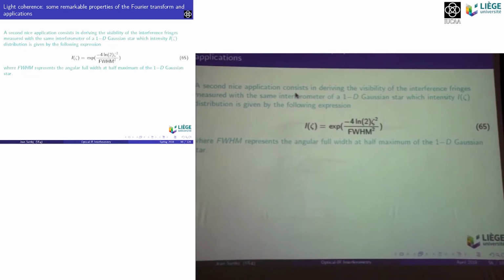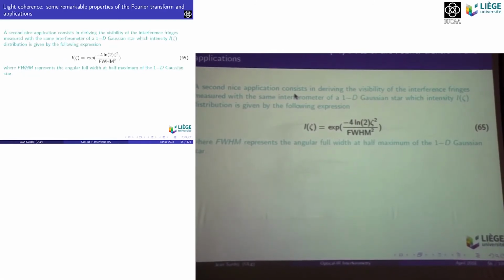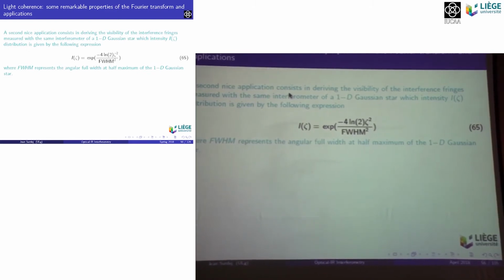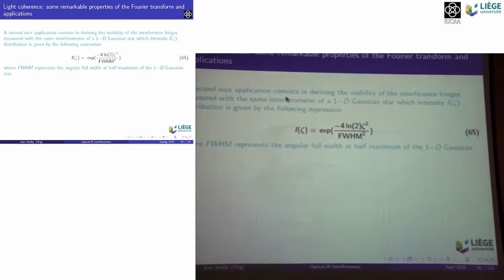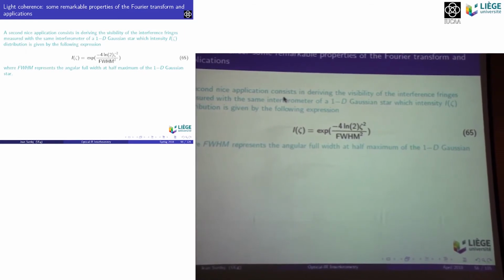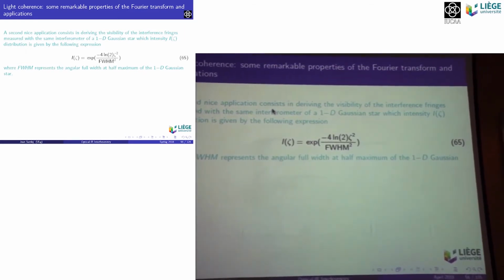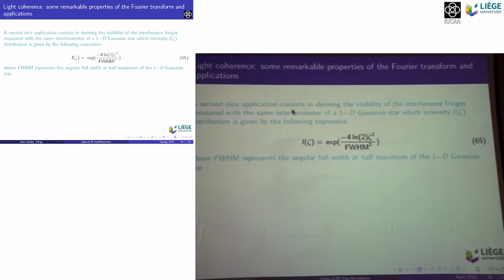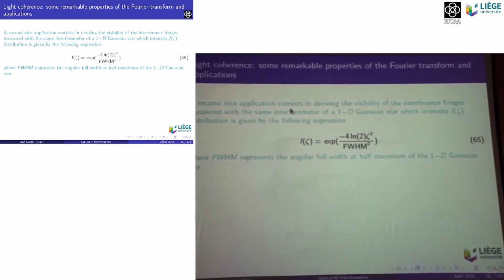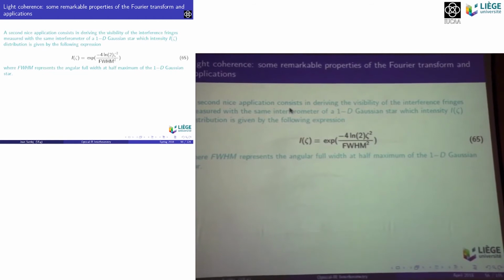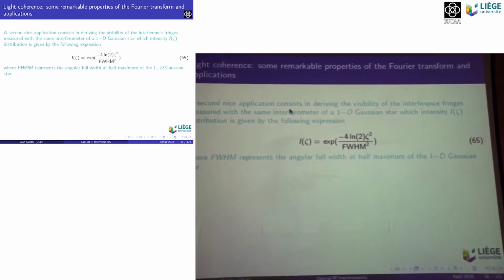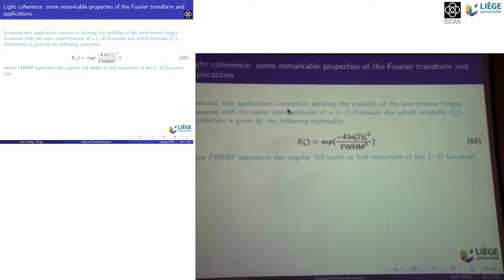Now, this is a second nice application: try to derive the visibility of the interference fringes measured with the same interferometer, but of a one-dimension Gaussian star, whose intensity distribution is given by the following expression. So you see, we now assume a model, and we wonder what the visibility is like.